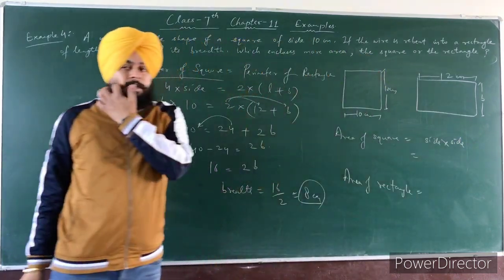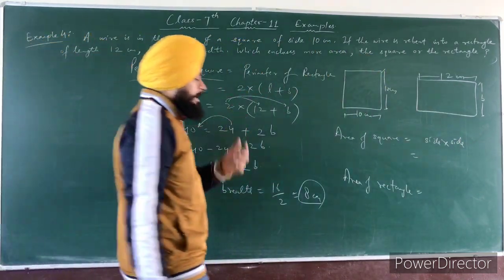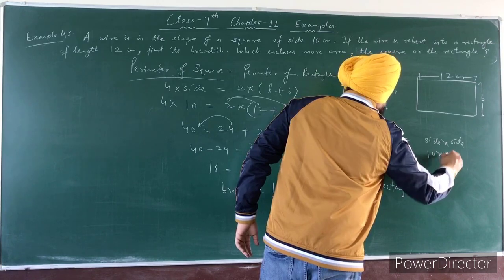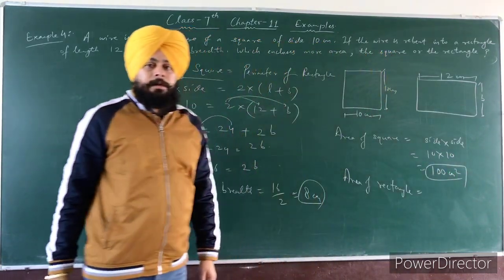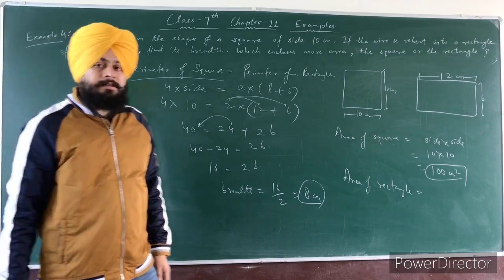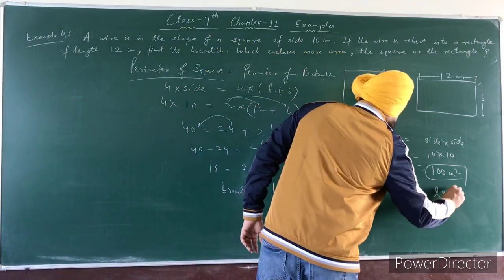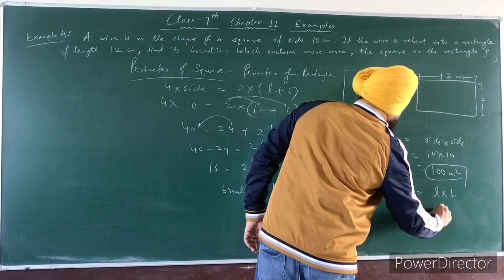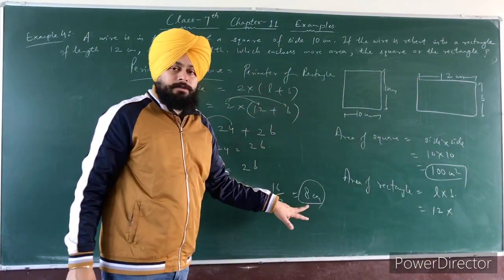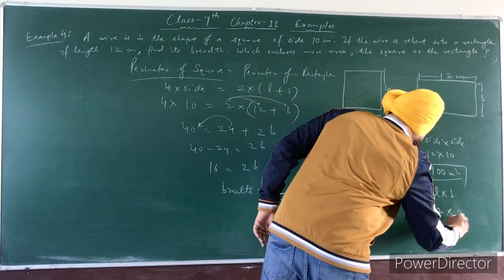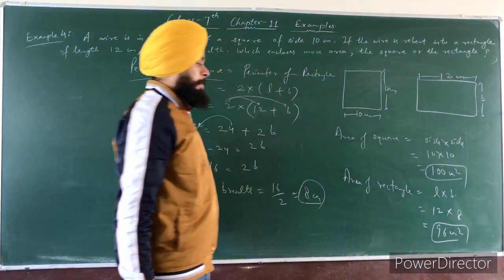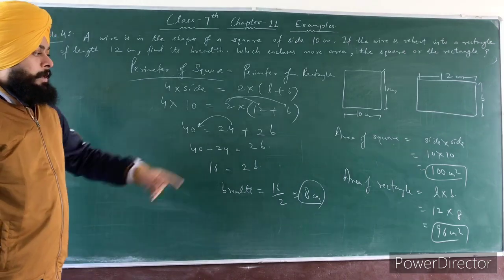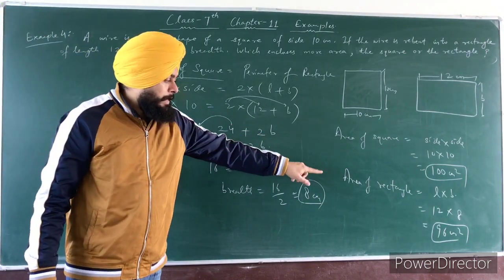Area of square is side multiply side, and the side is 10 centimeter, so 10 times 10 is 100 centimeter square, and the area of rectangle is length multiply breadth, length is 12 and breadth is how much? 8, so 12 times 8 is 96 centimeter square. So the area of square is 100 centimeter square and the area of rectangle is 96.